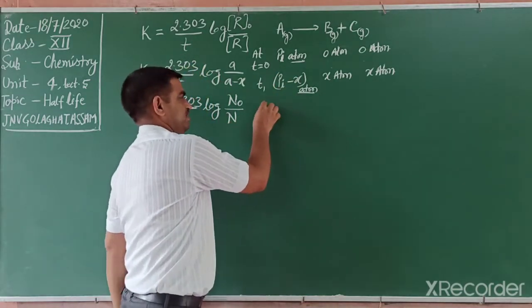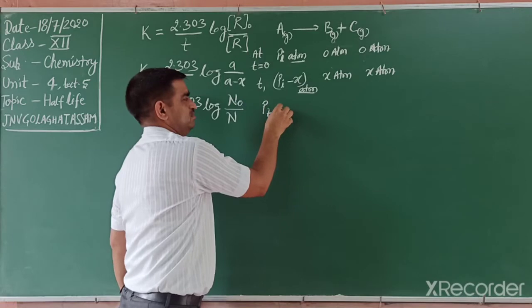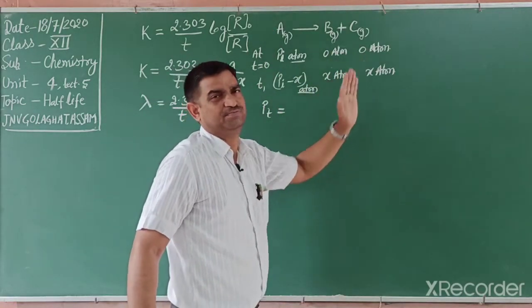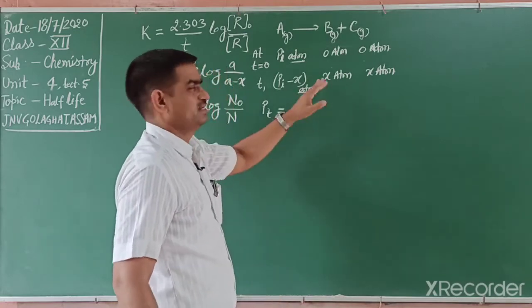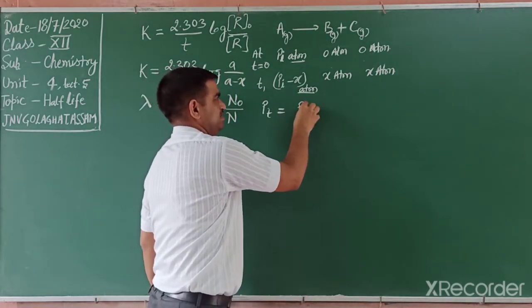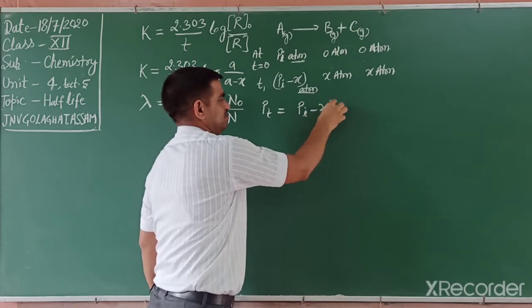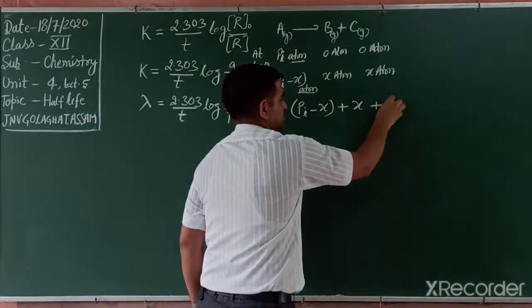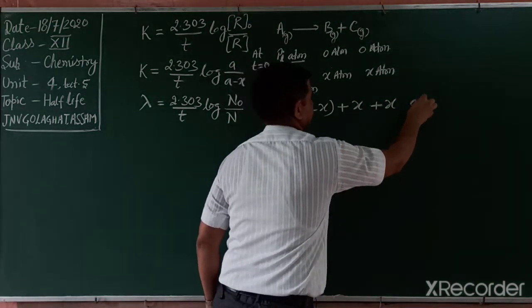So then we find P total. P total is equal to the total sum of all the partial pressures of the reactant and product. We write Pi minus x plus x plus x atmosphere.